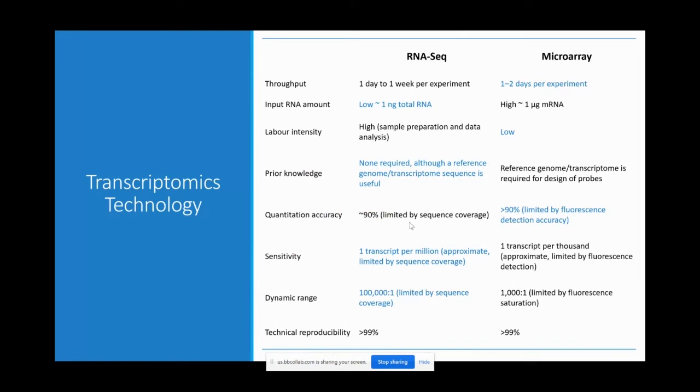Now, if you were to do an RNA-seq versus a microarray experiment, you don't really need to know anything going into an RNA sequencing experiment because you're sequencing everything. It's just going to give you all of the sequences out. You don't really need to know if they're useful or not. You can determine that later.